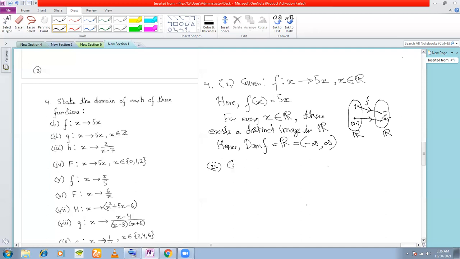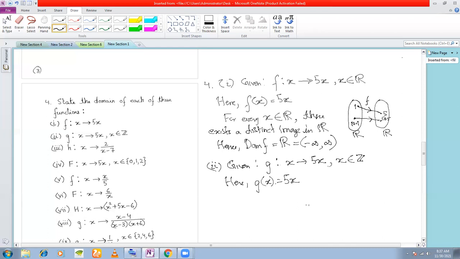Okay, given here g: x to 5x, where x belongs to the set of integers, right? Now, what should be the domain of g? Does every element in Z have a distinct image? Let's write it here, g(x) is equal to 5x.